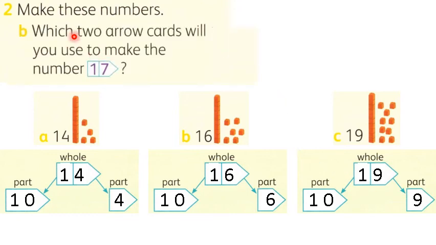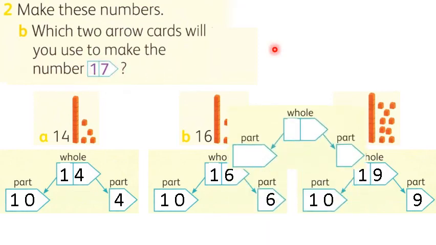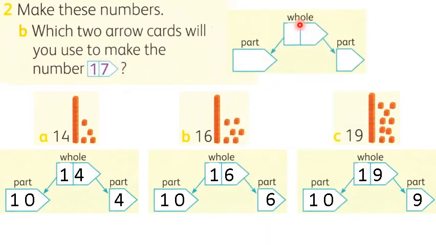Our last question B. Which 2 arrow cards will you use to make the number 17? Well, if our whole number is 17, we would use 10 and 7.